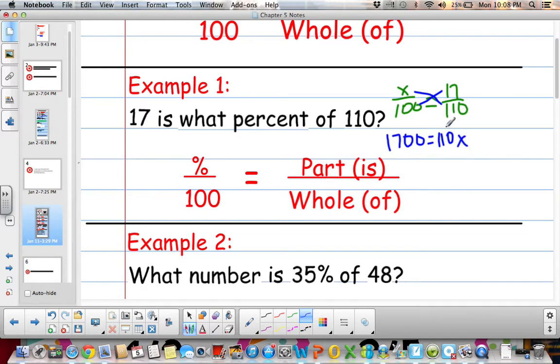Then we divide both sides by 110, so we get x equals 15.45. We can round it to the nearest tenth. So 17 is about 15.5% of 110.